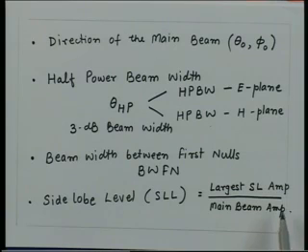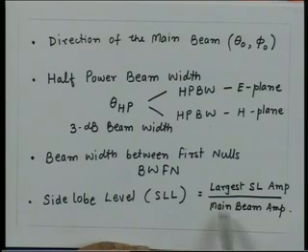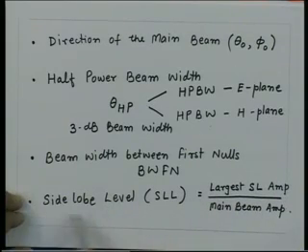Since the main lobe amplitude for a normalized radiation pattern is unity, essentially the amplitude of the largest side lobe defines the side lobe level.